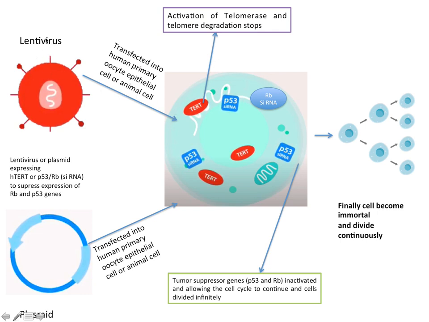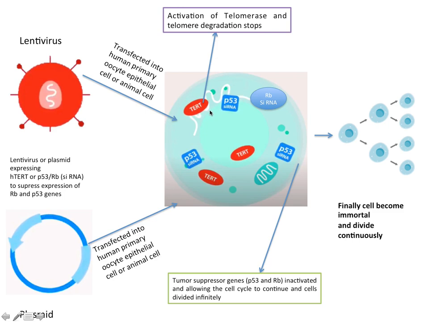Suppose you have expressed the hTERT gene or siRNA in lentivirus or in plasmid. It can be transfected by any chemical like lipofectamine, or any other transfection method you can use for the transfection of lentivirus or plasmid. Once it comes inside the host cell, here I have shown one host cell.